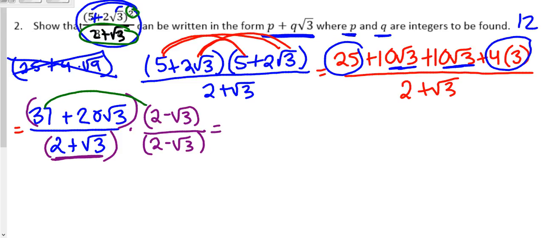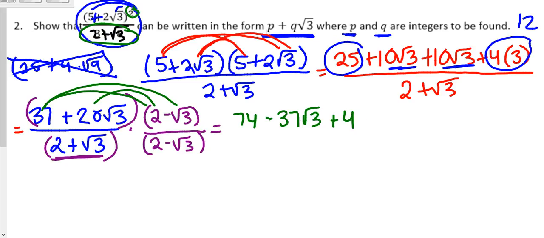2 times 37 is 74. 37 times a negative square root of 3 is a negative 37 square root of 3. 20 square root of 3 times 2 is a positive 40 square root of 3.